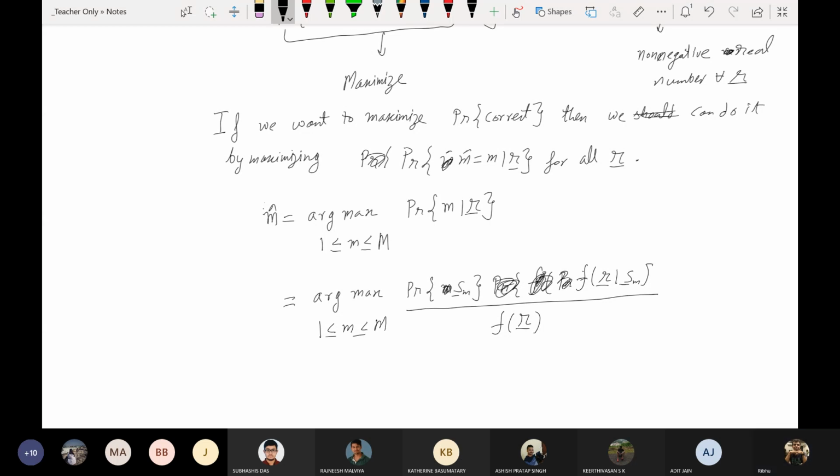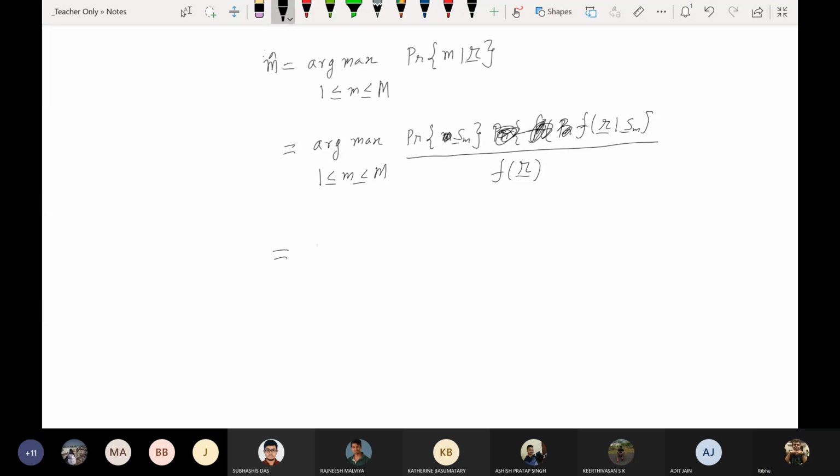Right. Yeah, sir. I will just try to clean it up once. Sir, but SM wasn't a vector, S was a vector. SMs were also vectors.